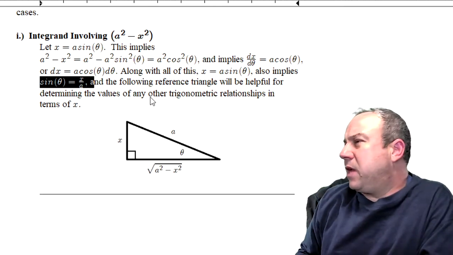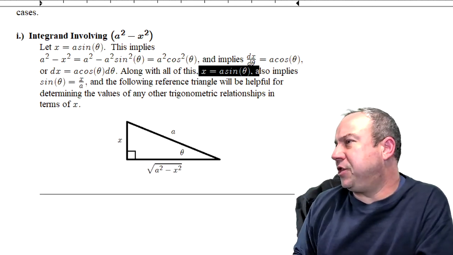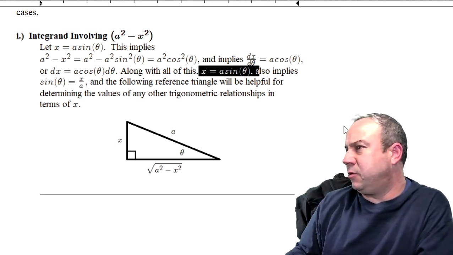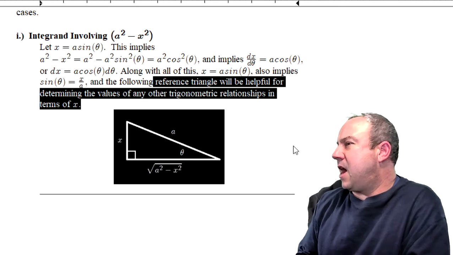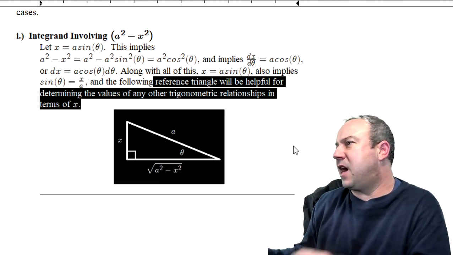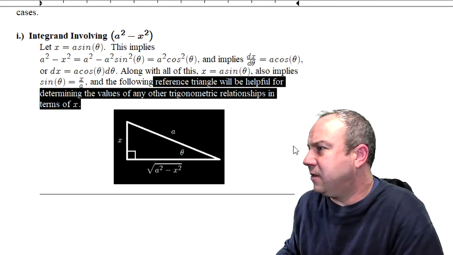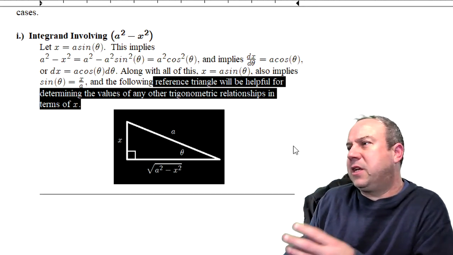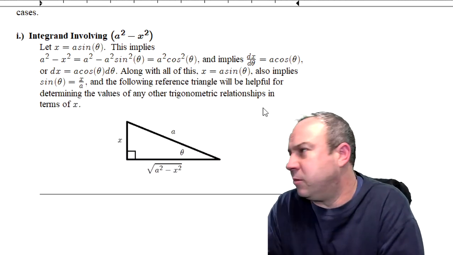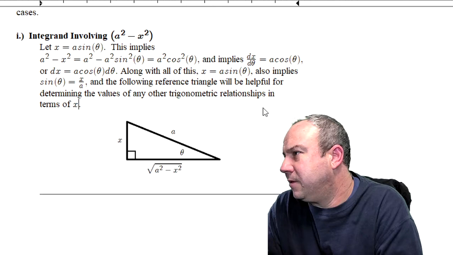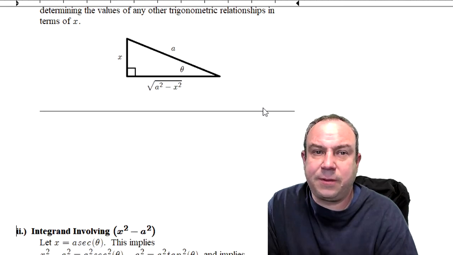And if sine theta is equal to x over a in my implication here, where x equals a sine theta in my substitution, this is the reference triangle that I develop that describes that entire trigonometric relationship between x, a, and the value of theta, which allows me to explore all my other trigonometric functions or relationships in terms of x. Right. Now that's for a squared minus x squared. That was the first case.